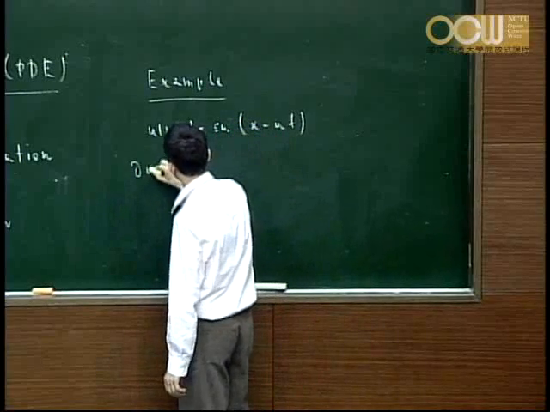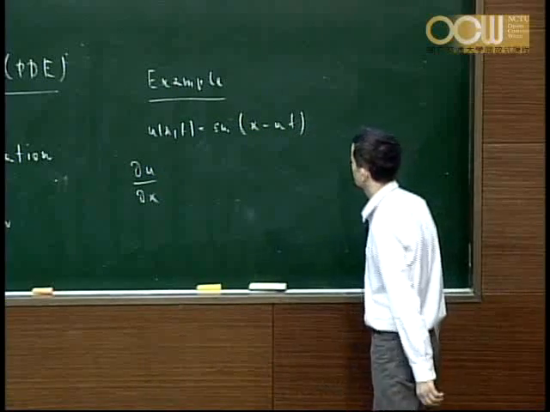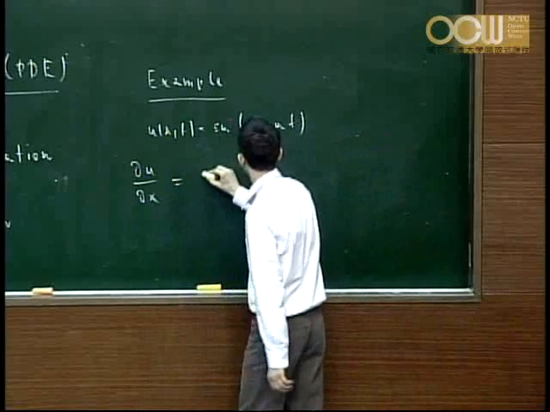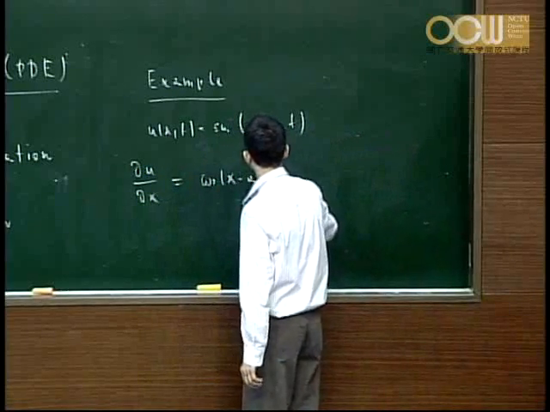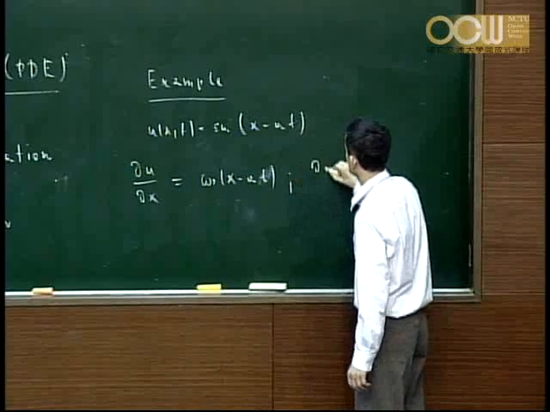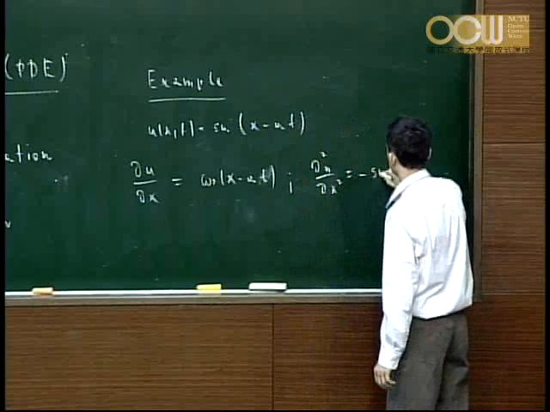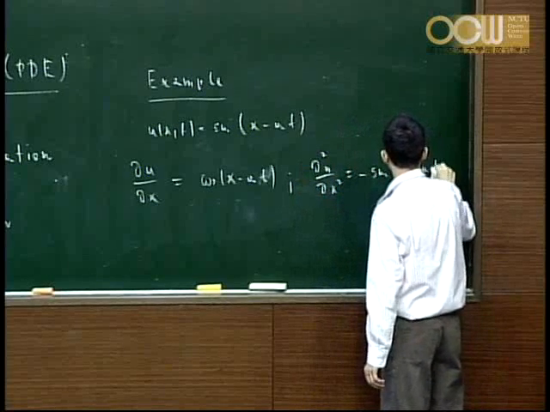So we compute the partial derivative first with respect to x, say. Here we have the cosine of x minus at. Then we compute the second partial derivative with respect to x. So here we have minus sine of x minus at.